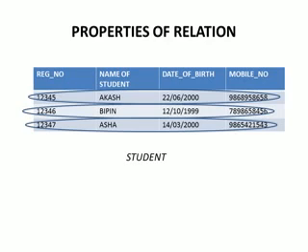Let us revise these properties once again. The relation has a distinct name, meaning every table in a particular database should have a different name. The student relation in this particular database should not be repeated in the same database once again. Each cell of the relation contains exactly one value.